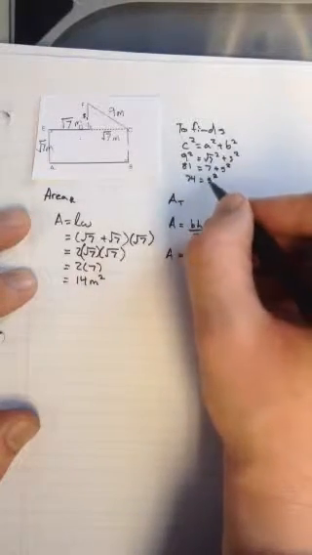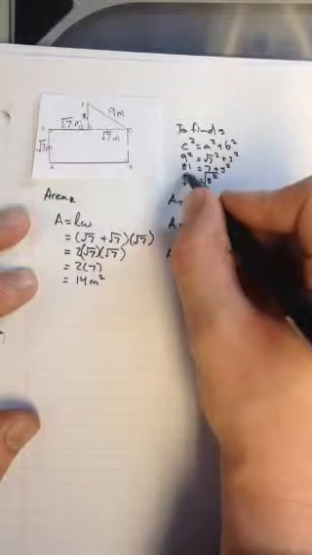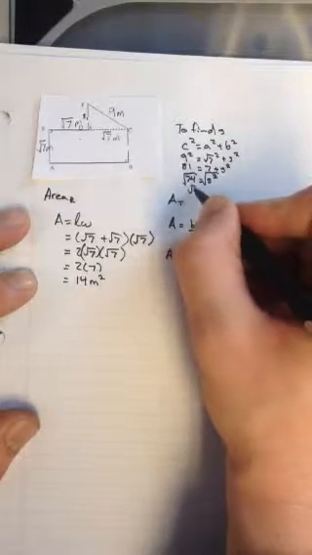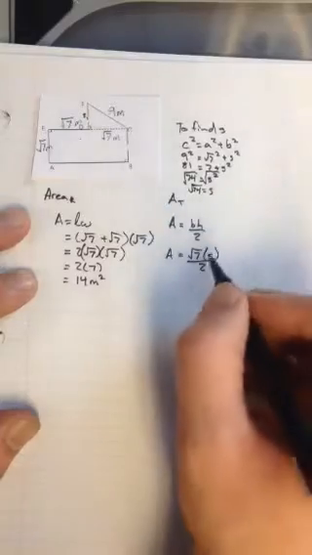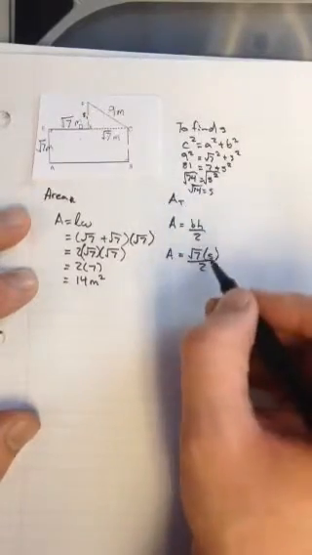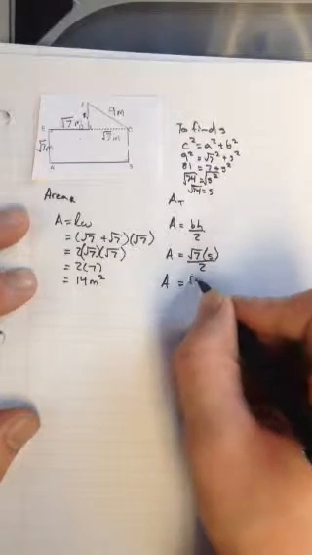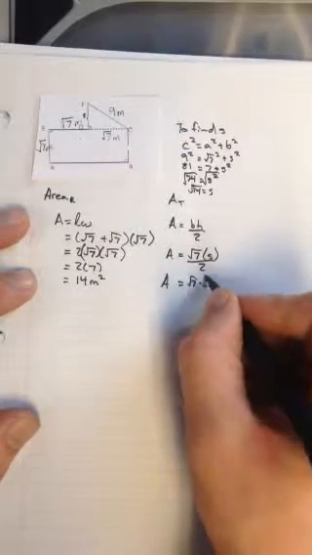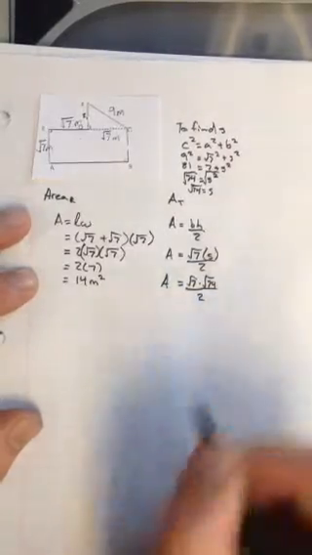And now to get S alone, I take the square root of both sides. And so I'm left with the root of 74 is equal to S. So I can substitute that value of S now into my equation. So I'll have the area is equal to the root of 7 times the root of 74 over 2.